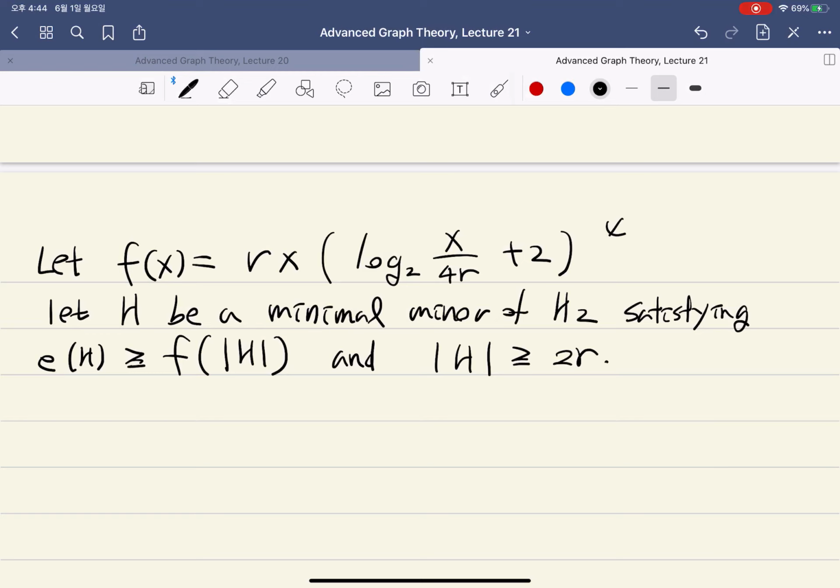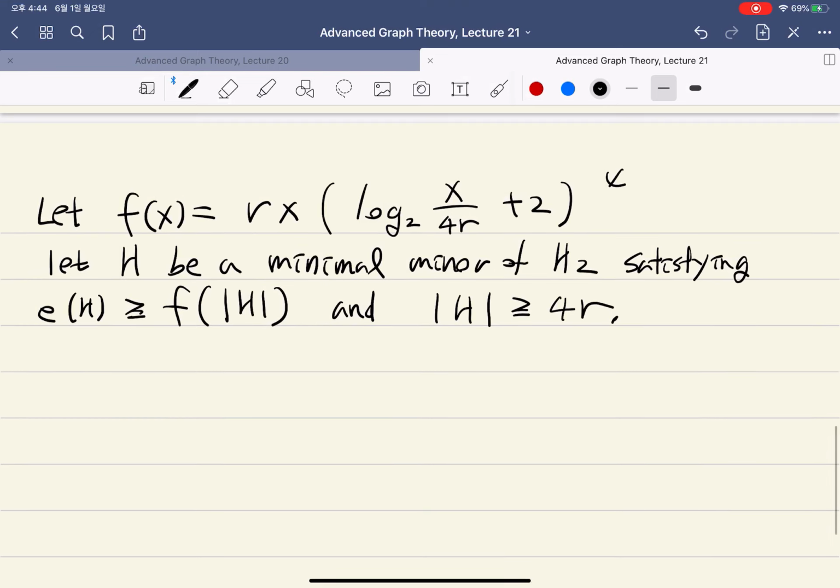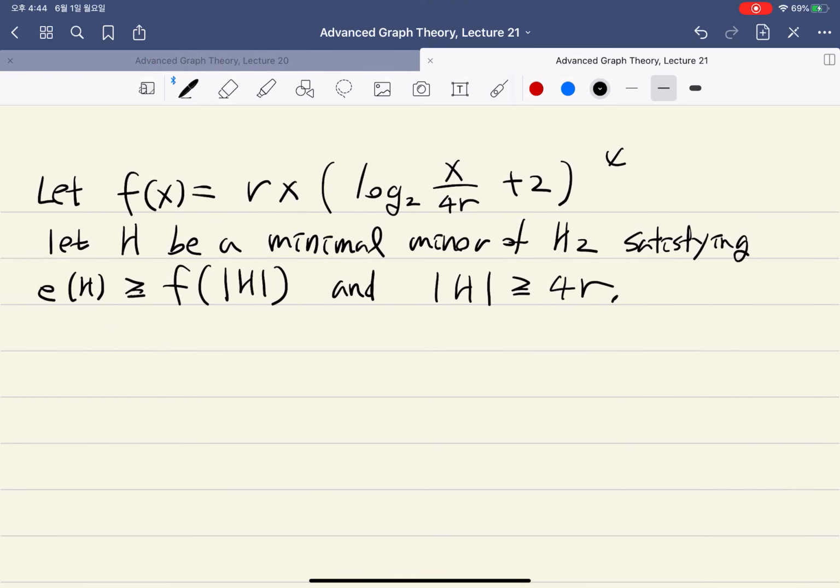Okay, satisfying this condition. So let's take this as f, and we take H as a minimal minor of H2 satisfying this inequality and this.